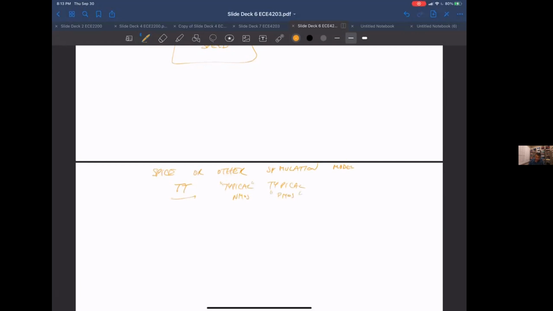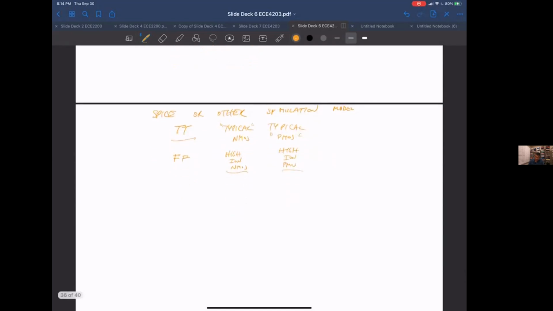And then you'll get fast, which means, I wouldn't say low VT because it's not just VT, but they've added a bunch of stuff in, so it's really high current on NMOS, high on PMOS. The higher the current is, the faster that device is able to transition its output.